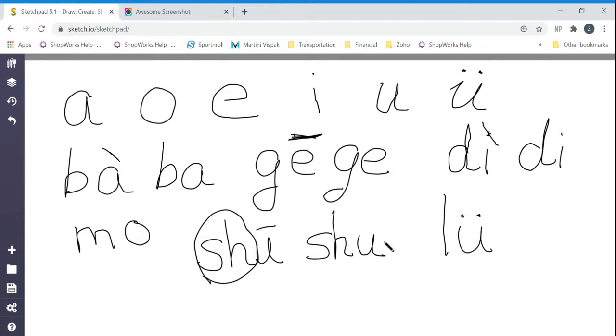Okay, so let's repeat again. For father, you pronounce it as 爸爸. This one pronounced as 哥哥. It's older brother. 弟弟, it's younger brother.